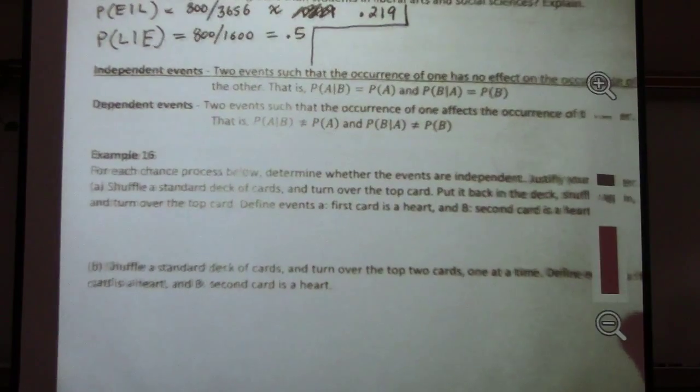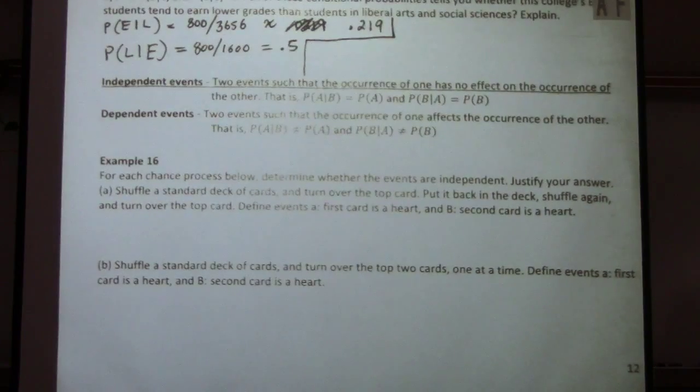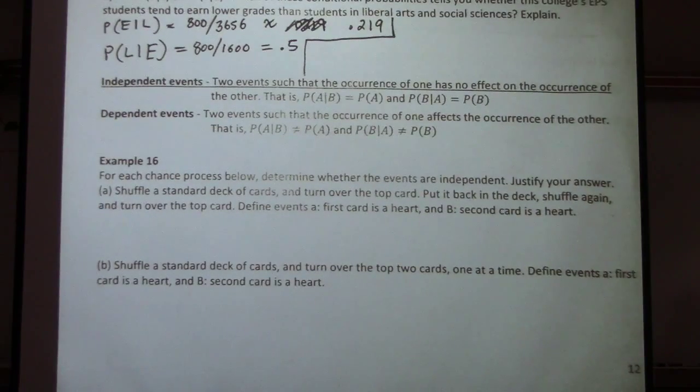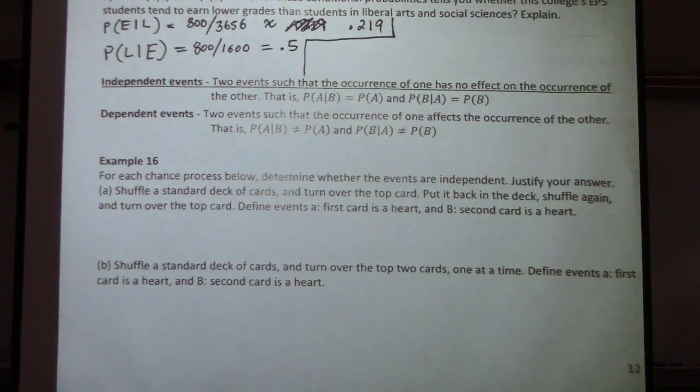Independent events. These have both a formula definition and a common sense definition. Two events such that the occurrence of one has no effect on the occurrence of the other are called independent events.